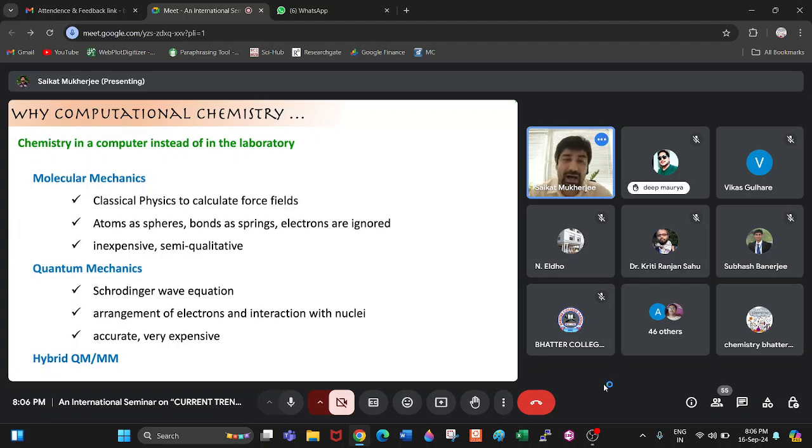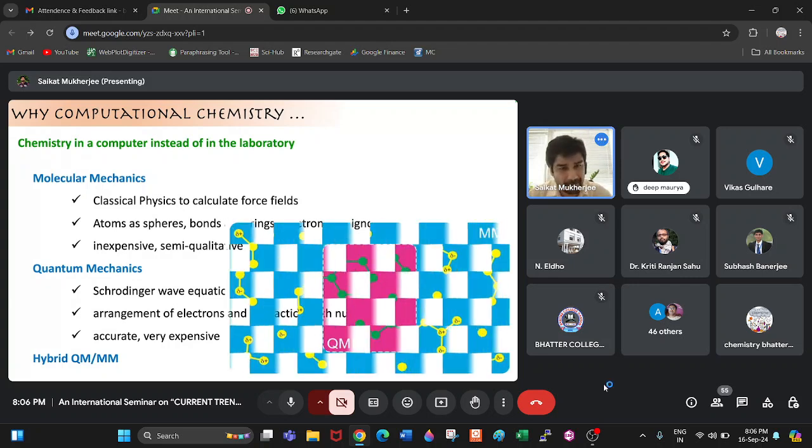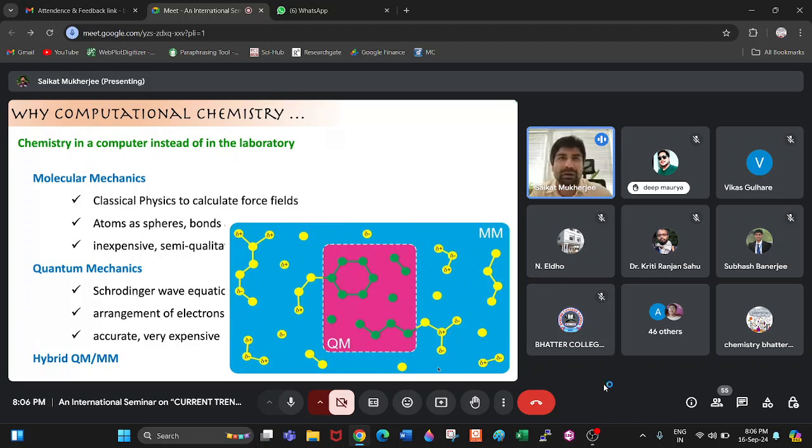So people came up with hybrid QM/MM methods. In this type of hybrid quantum mechanics, molecular mechanics method, you have a system of interest, shaded in the red region, which you want to solve quantum mechanically. That means by solving the Schrodinger equation. And the other part, maybe solvent or some other part of a big protein, you solve via molecular mechanics, again via classical physics.